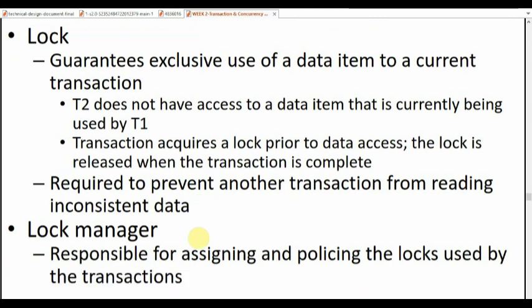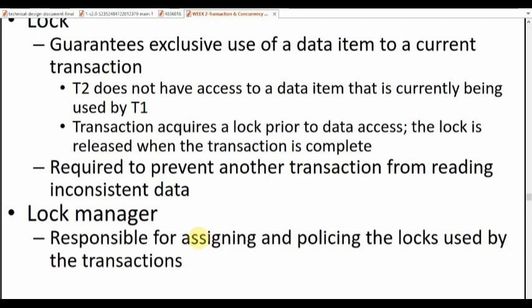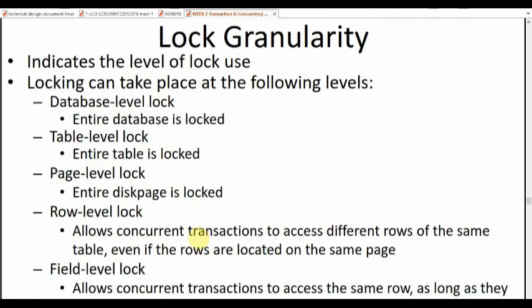So the lock manager, which is a scheduler, will come up with policies for locking data that is being used by the transaction currently being executed. We can have a lock granularity, where we make locks at different levels. We can have database level lock, table level lock, page level lock, row level lock, field level lock.